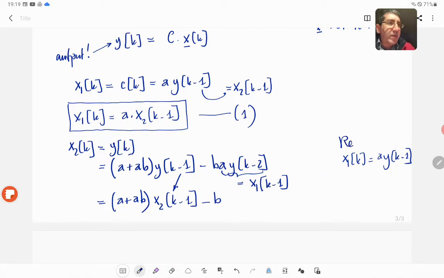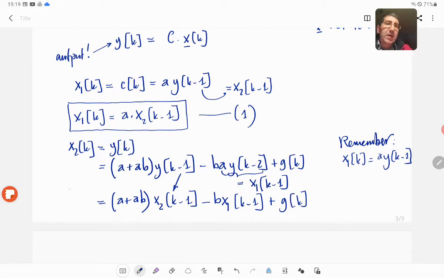I have basically forgotten here that yk was equal to, yes, plus g of k, the input term. So that's going to be minus b x1 k minus 1 and plus g of k.